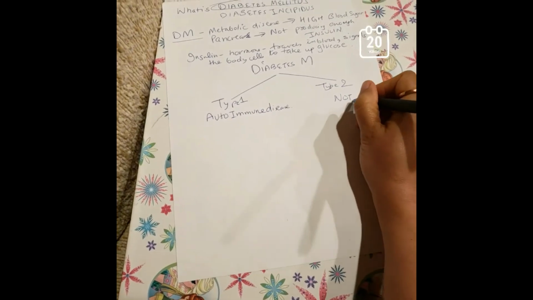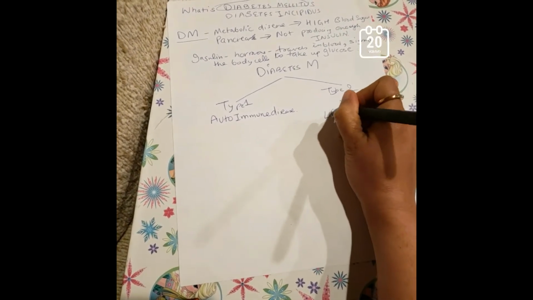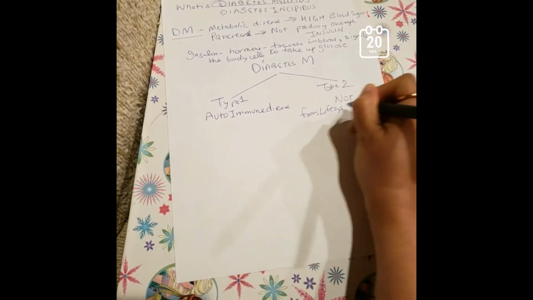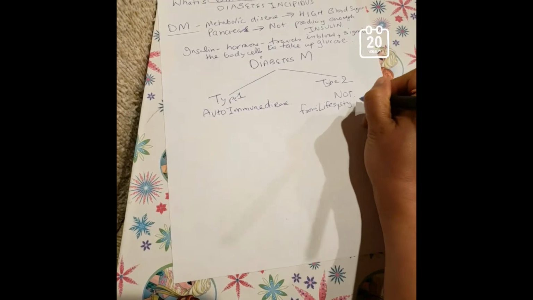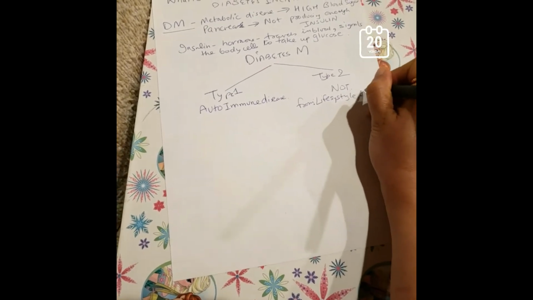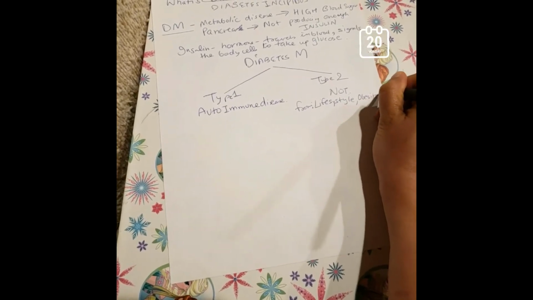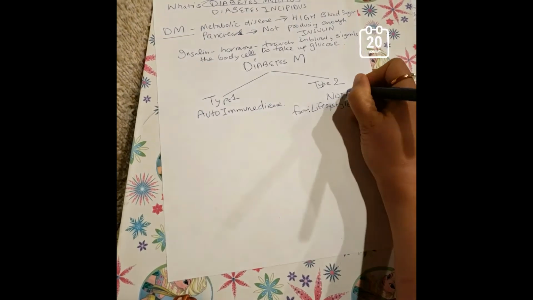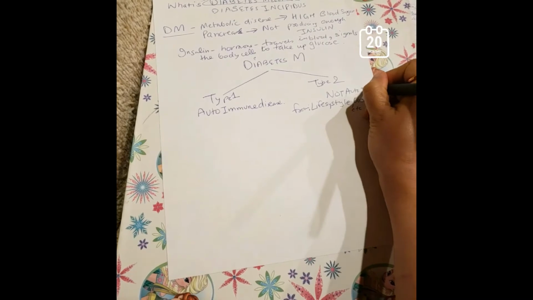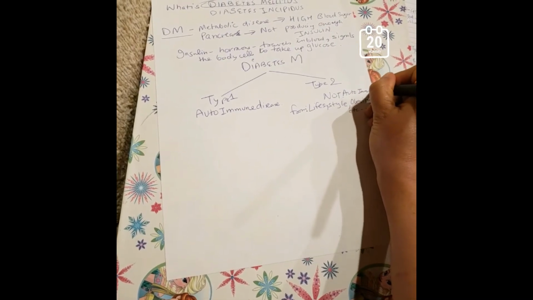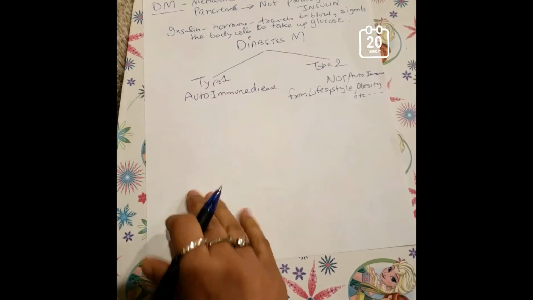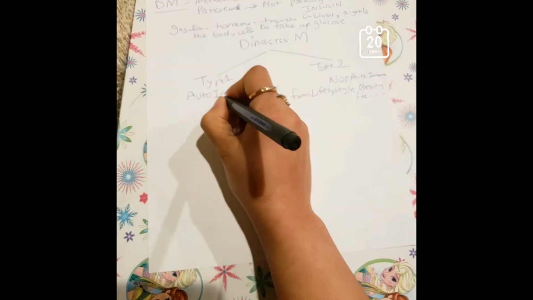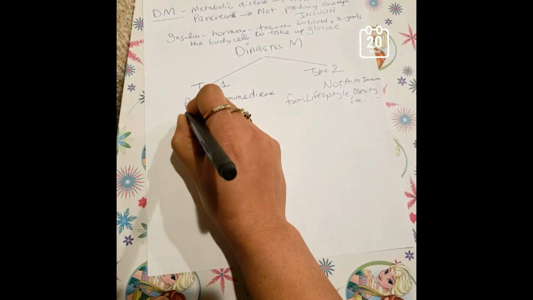This one is basically coming from our lifestyle, obesity, etc. Another important thing is, we spoke in the last video about what an autoimmune disease is.